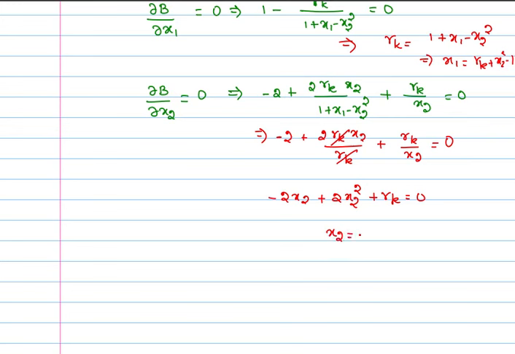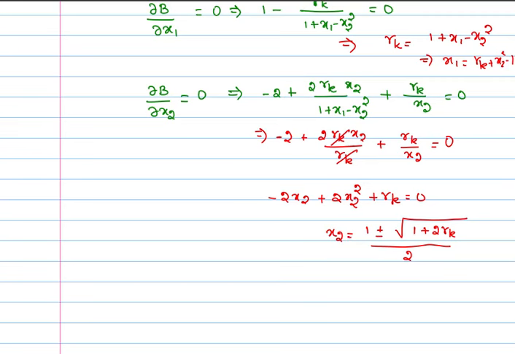So x2 equal to 1 plus or minus square root of 1 plus 2 times rk, divided by 2. This is the answer that will come. So I simply divide by 2. That's it. This is the x2 value.